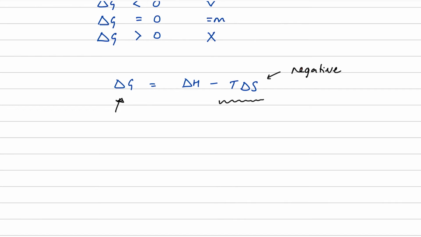Why? Because as we reduce the temperature, T becomes smaller. Because we're multiplying T by the change in entropy, this whole term becomes smaller and less significant. So where we have a decrease in entropy, the reaction still may become feasible as the temperature drops.